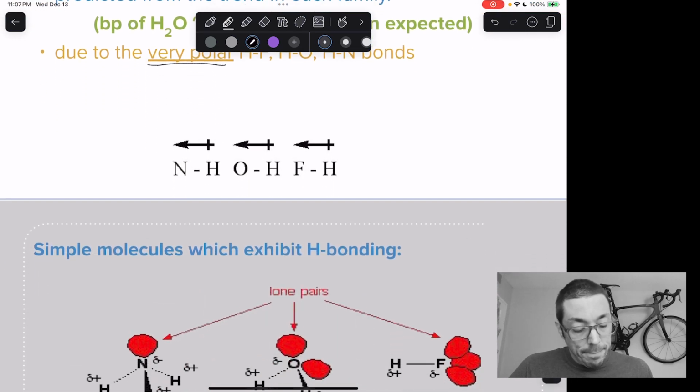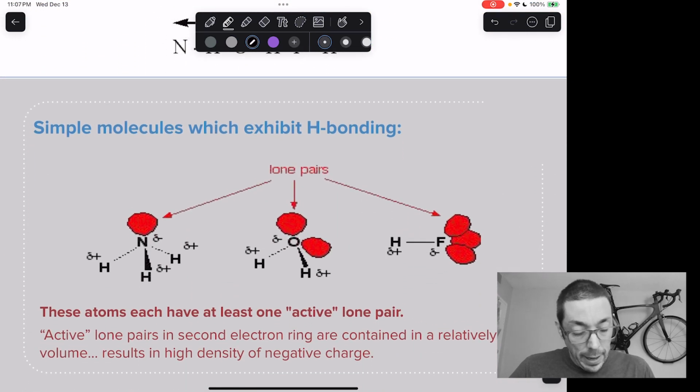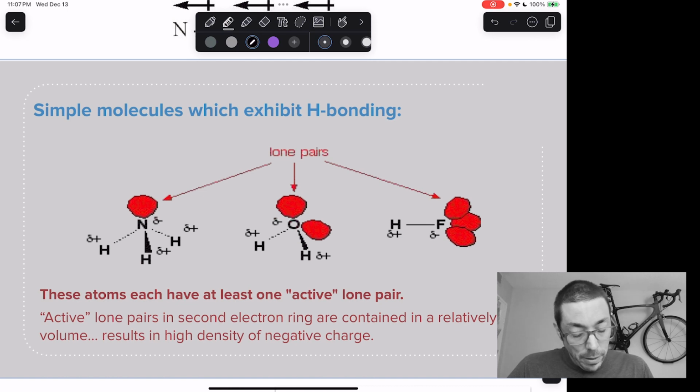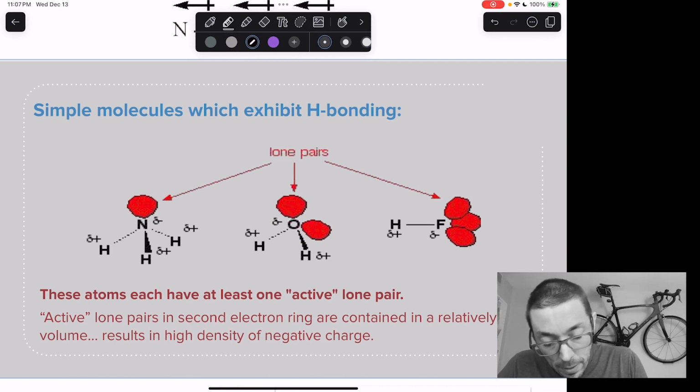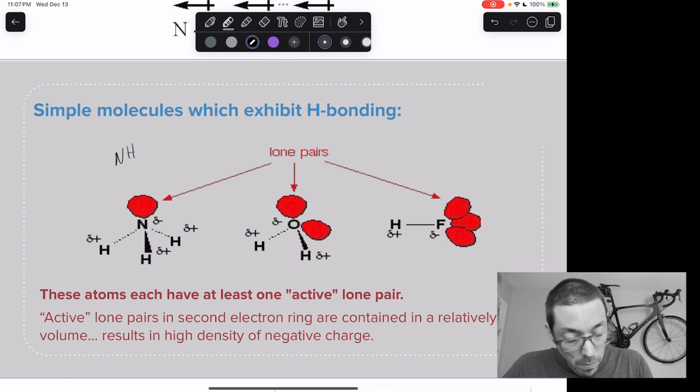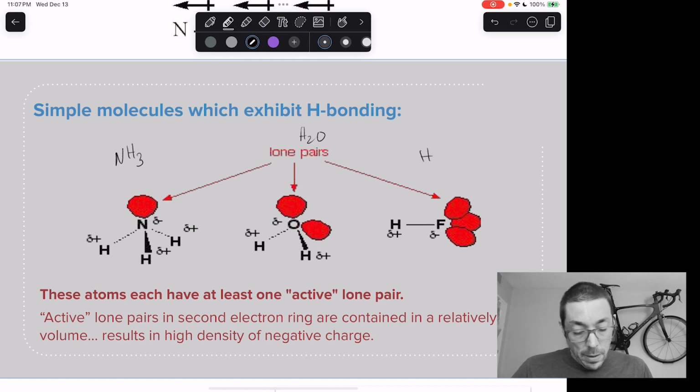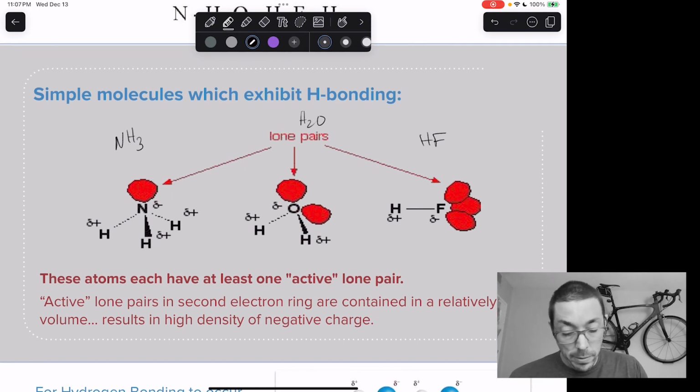So let's look at a 3D diagram of these. So this is NH3, this is H2O, and this is HF. NH3 has one lone pair on the nitrogen.